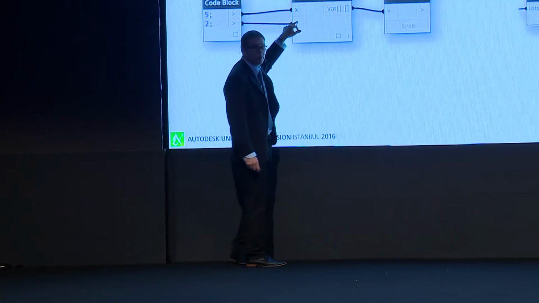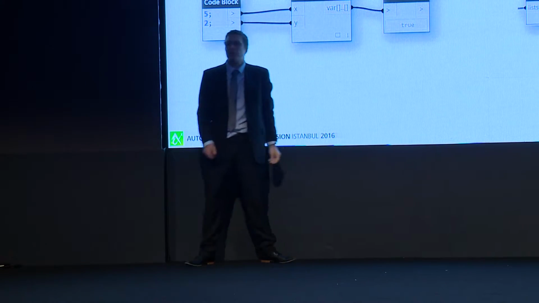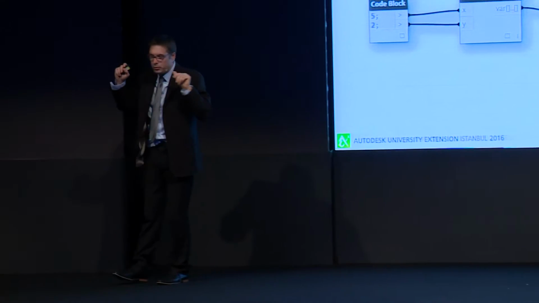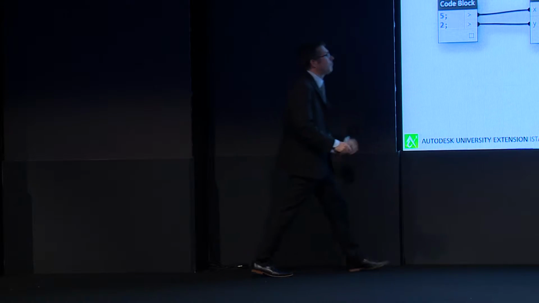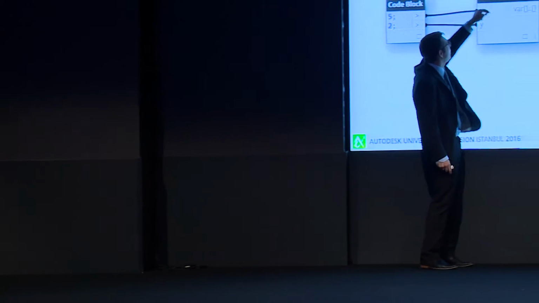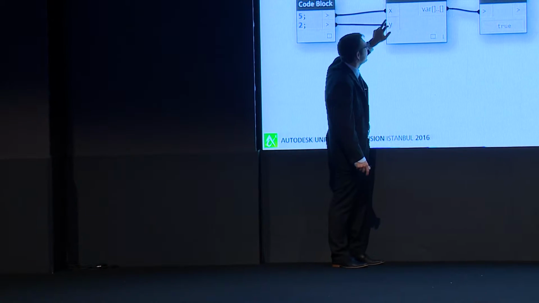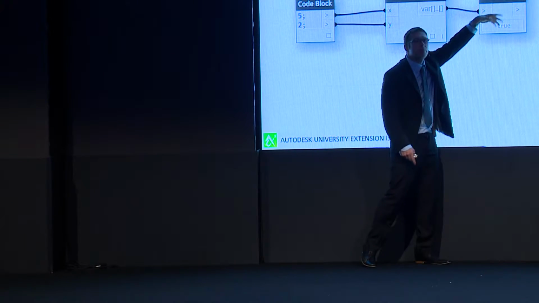Dynamo, that's it. You've got some nodes here, with inputs and outputs. If I talk in terms of a developer language, it is a function. You see, if x is greater than y, you do something.